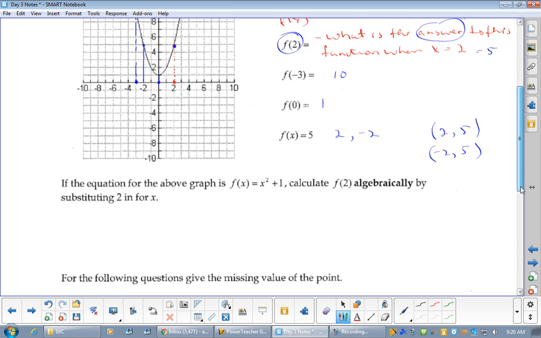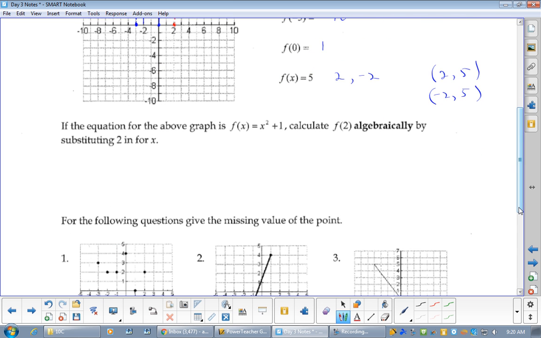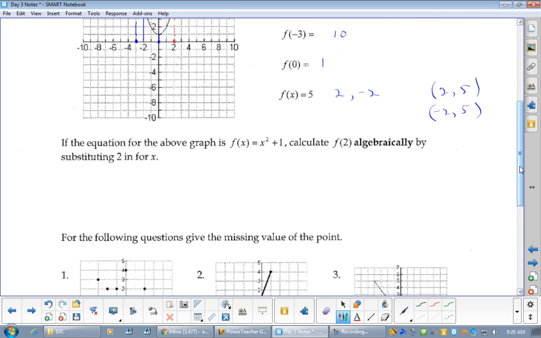Now, as Zach was saying, this is the equation of that graph. Do you have to know that? No, you don't. But it says, what is f of 2 algebraically? So we say f of 2 equals 2 squared plus 1. f of 2 equals 5.